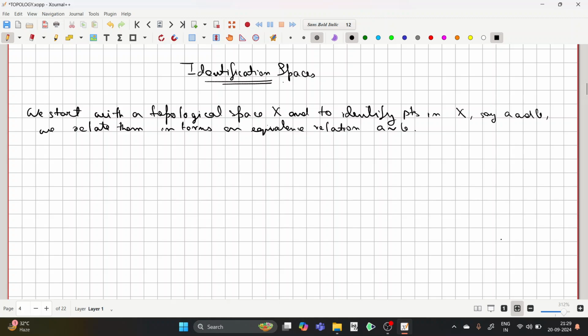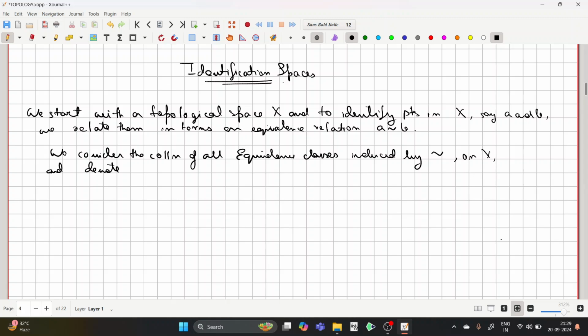Suppose this, we consider the collection of all equivalence classes induced by this relation on X, and denote this space, the new space we get by considering the collection of all equivalence classes, as X quotient this relation.